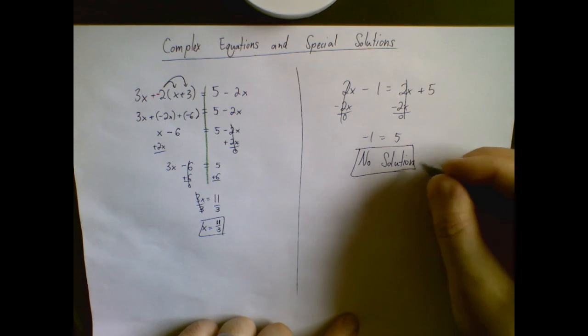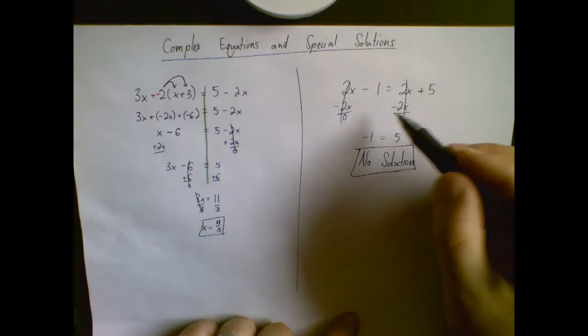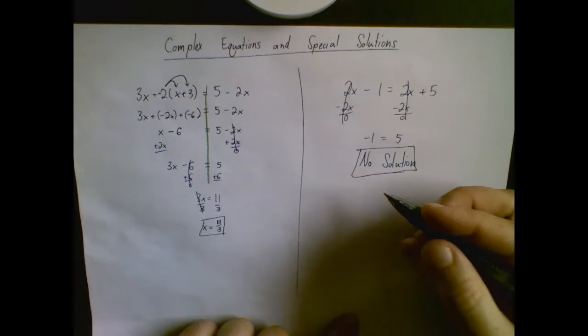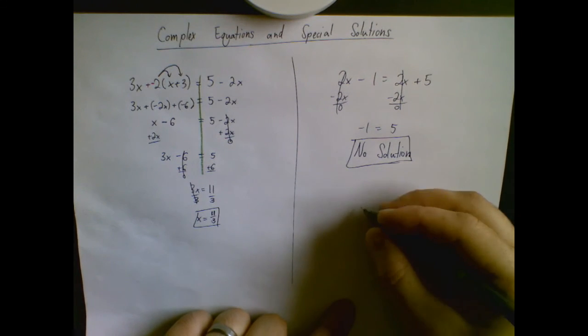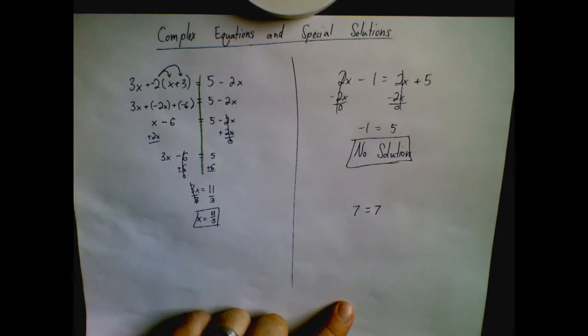Okay? Because there's no possible number you can plug in for x to make this true, because the x's are going to drop out. On the other hand, if you come down and get something like, and this is just the last step, 7 equals 7, that is definitely true, right? It's equal to itself.